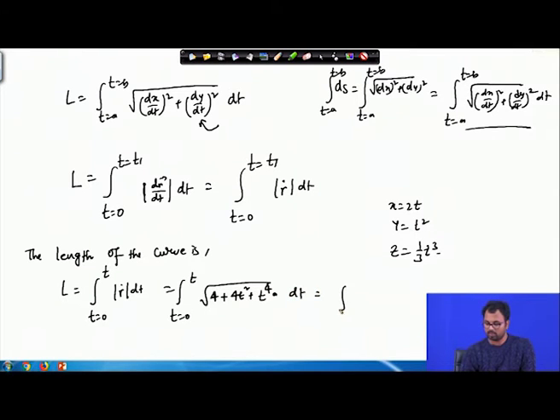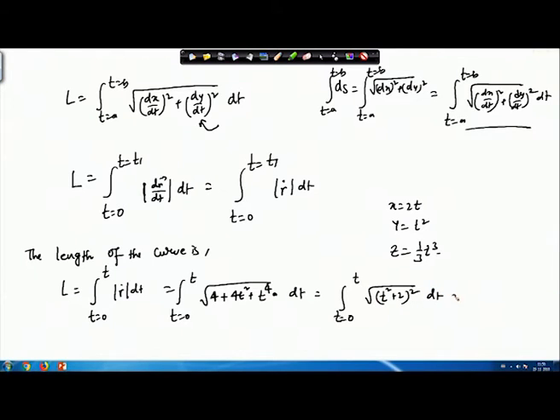So this can be written as t square plus 2 whole square, right? Yes, and if we integrate, first of all we have to take it out of the square root.